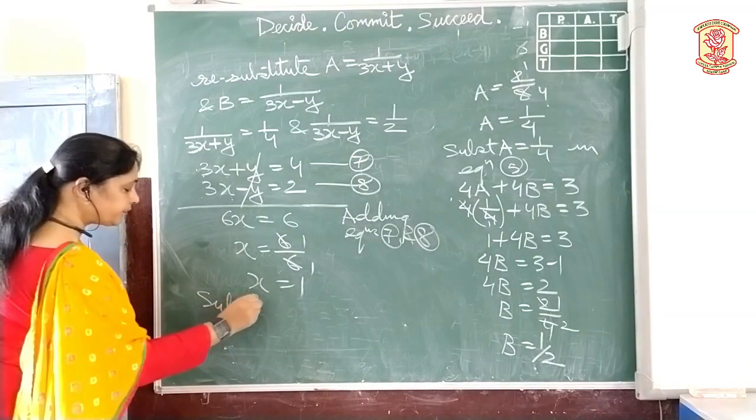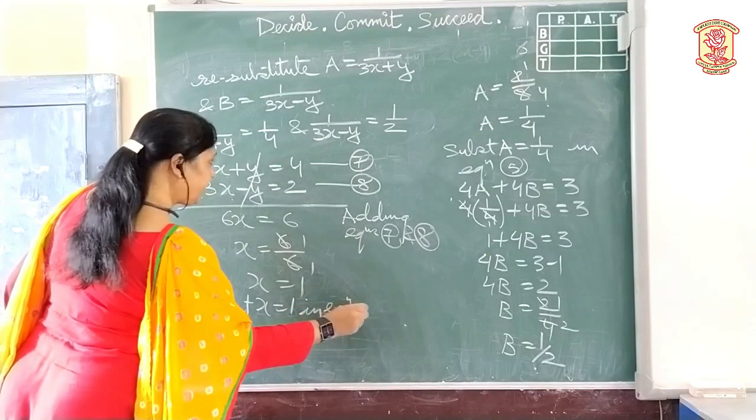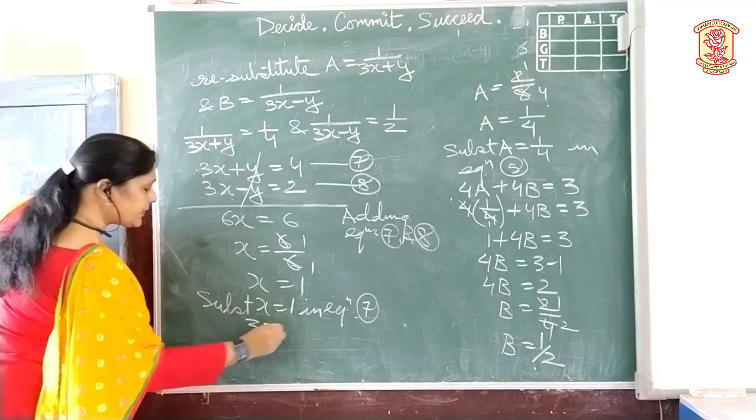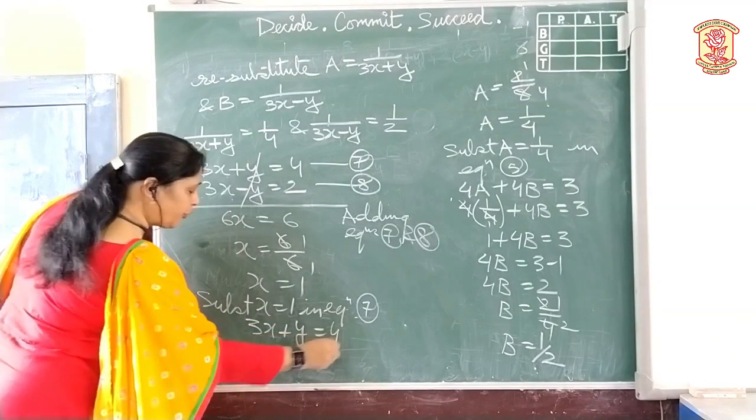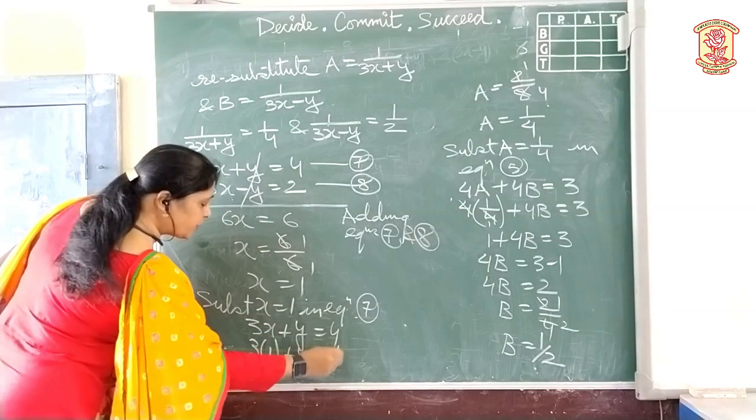Substitute x equals 1 in equation 7. So this is 3x plus y equals 4. So this is 3 into 1 plus y equals 4.